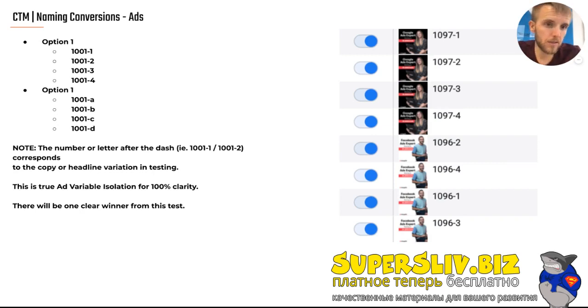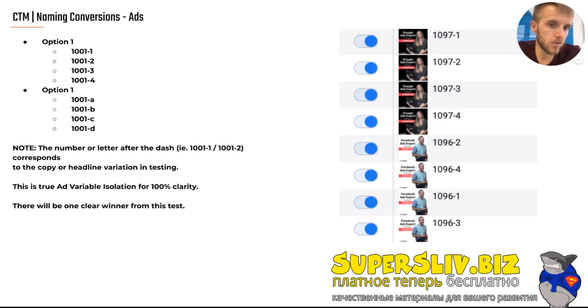Going further into this, when you're testing out this 1097 creative, let's say that 1097-2 is the clear winner after you're running your test. You're not spending money at scale on ads 1, 3, or 4. You are only moving 1097-2 into your scaling campaign.